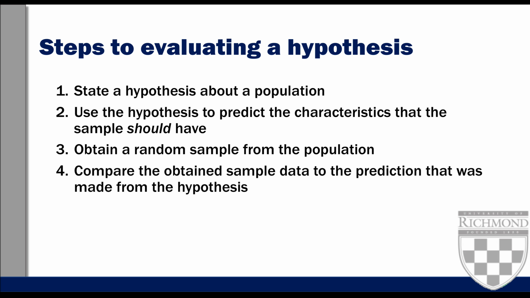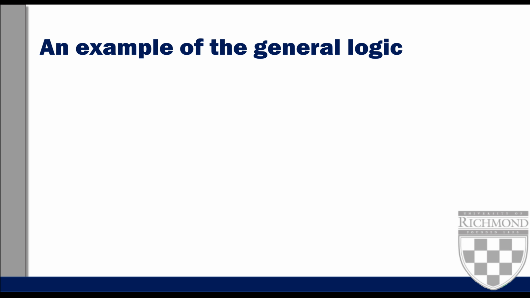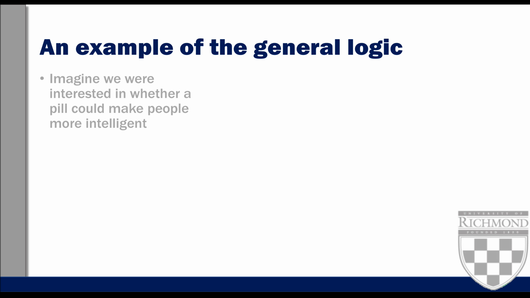And then we're going to compare the obtained sample data, our results, to the prediction that was made from our hypothesis. Okay, so as I walk through an example here in just a second, keep these 4 steps in mind, because that's really the sequence that we're going to go through to make some determination about the relationship between two variables. So let's walk through an example.